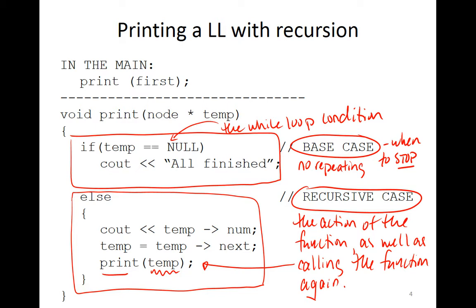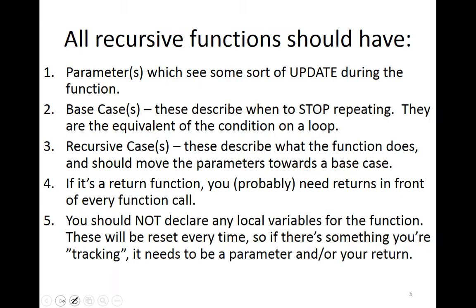All right? So those are the two terms, base case and recursive case, and I define them for you here as well. So what should all recursive functions have? You need parameters, sometimes just one, but sometimes more than one. And these parameters need to be somehow updated during the function, typically in the recursive case, mostly.